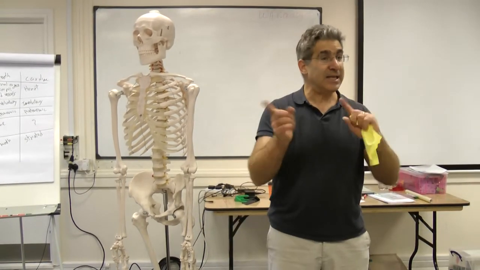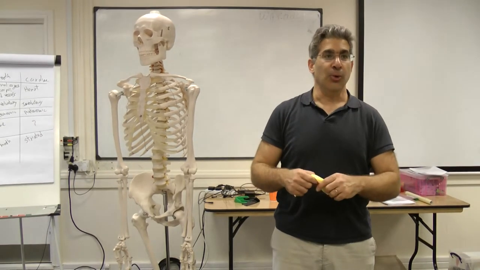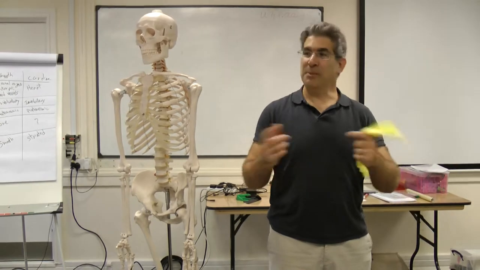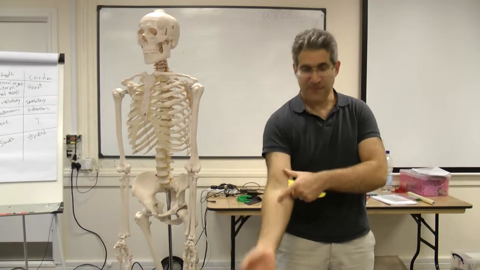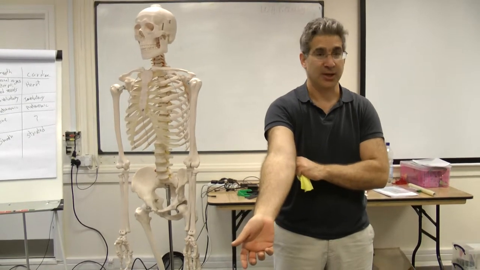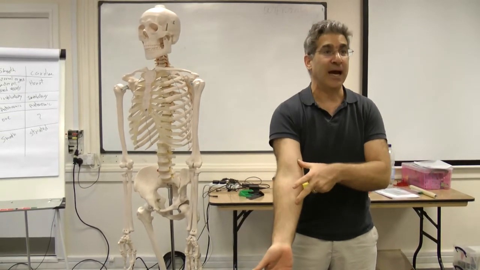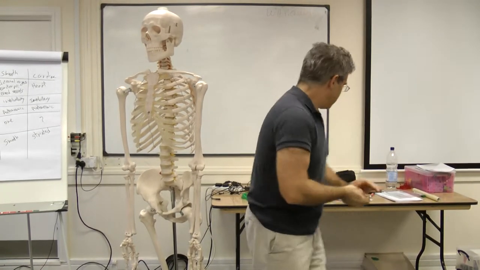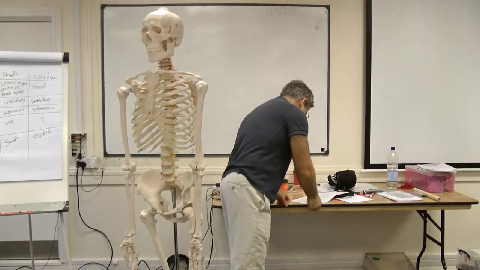Do you understand the concept? So antagonist could be every muscle, depending on what you want. If you're flexing the elbow, the antagonist is the extension. If you're extending the elbow, the antagonist is flexion. Good.